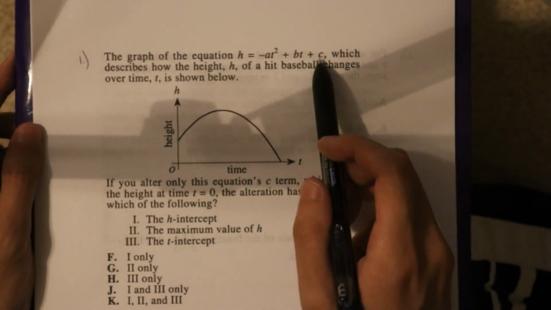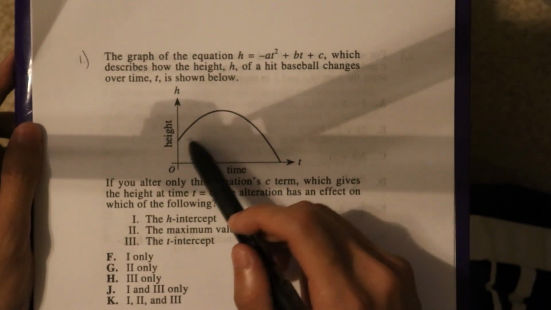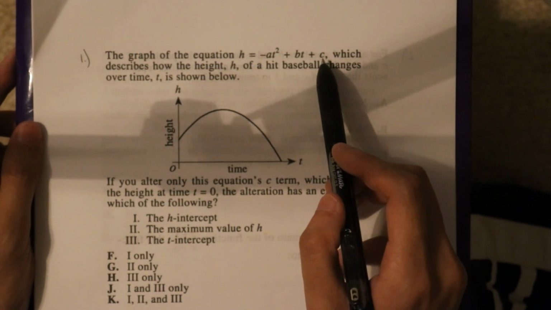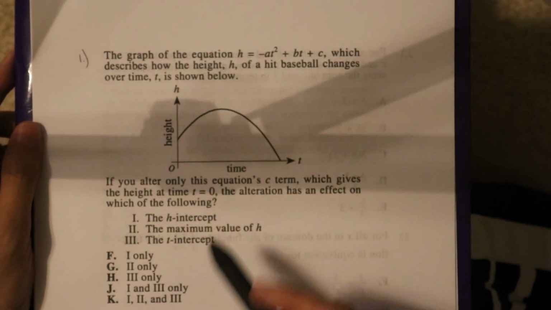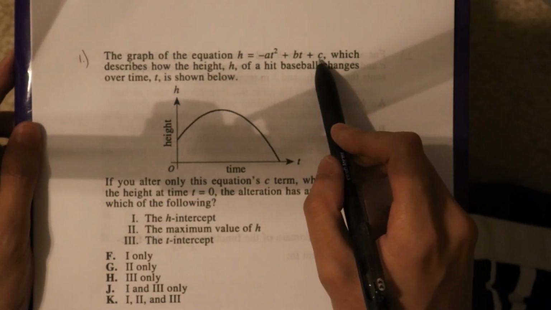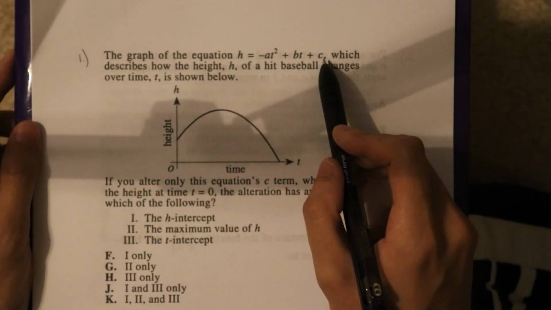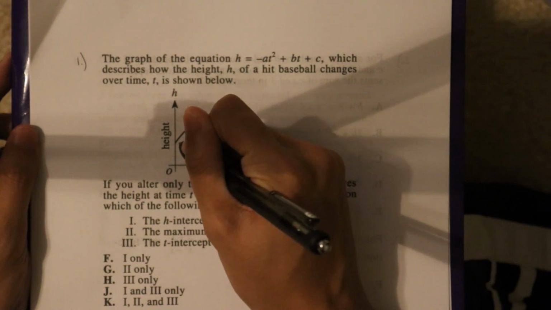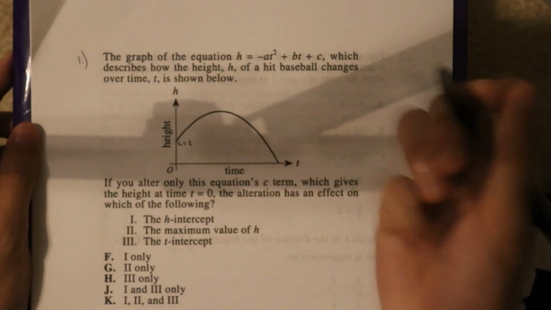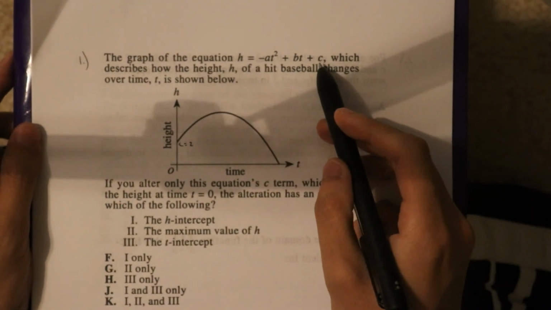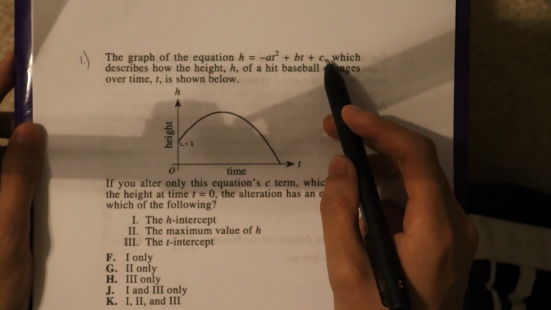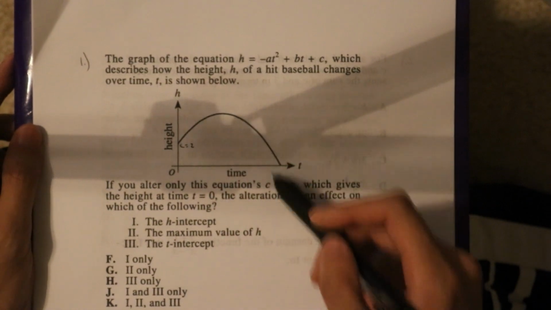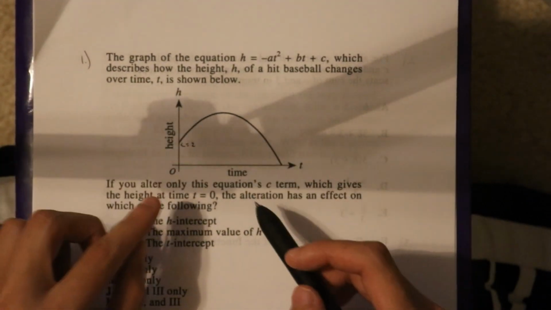Now it's asking what the graph would look like if we were to alter the term c. Pay attention with this graph that as you alter c, because this is a constant, you're also altering the height of the graph. Let's just call c equals 2. If c were less than 2, this entire parabola is going to shift downwards.